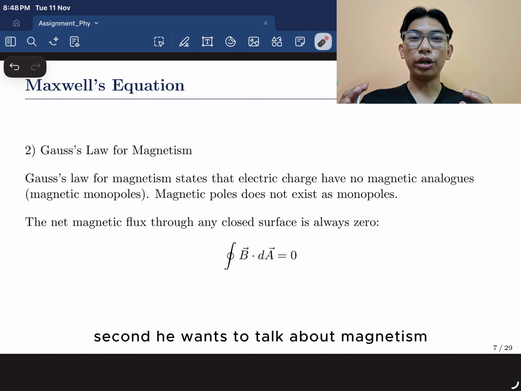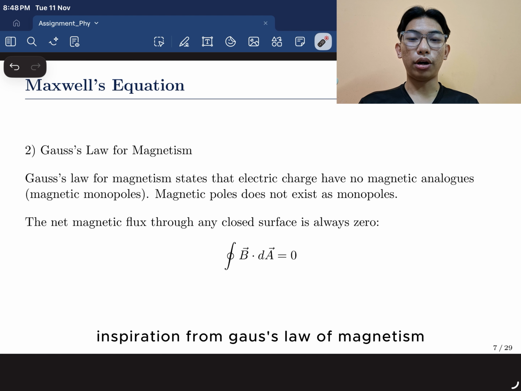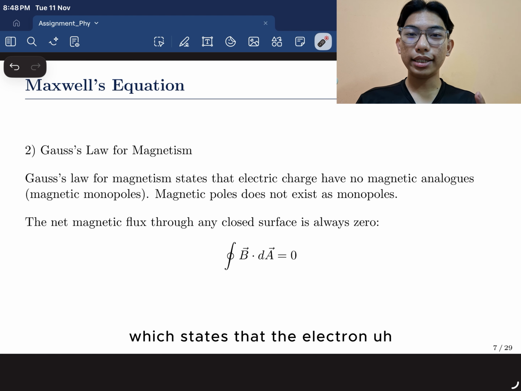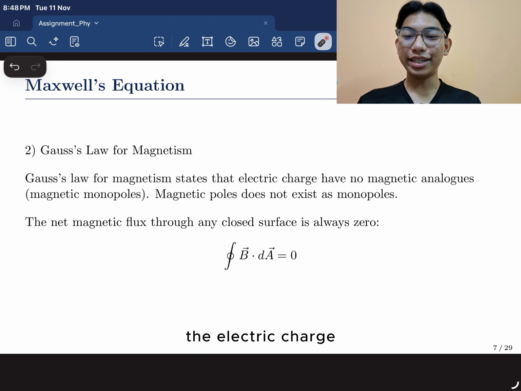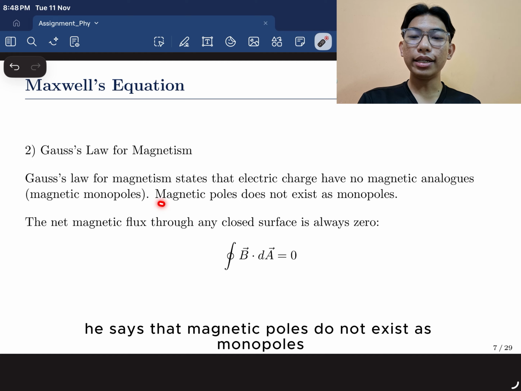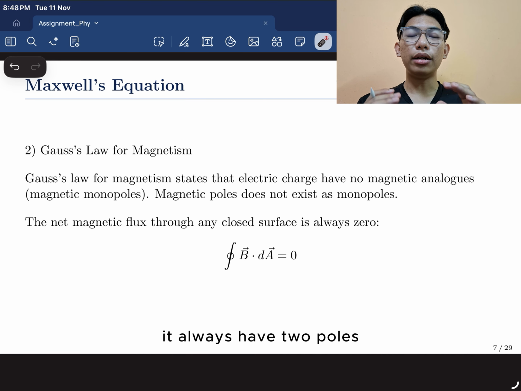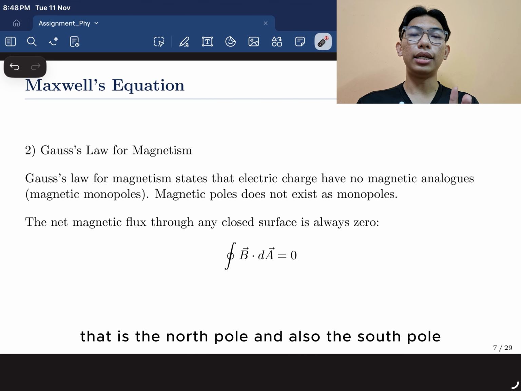Second, he wants to talk about magnetism. So he takes inspiration from Gauss's law of magnetism, which states that electric charges have no magnetic analogues, or monopoles. He says that magnetic poles do not exist as monopoles. This makes sense because any magnet that we have always has two poles, the north pole and the south pole.